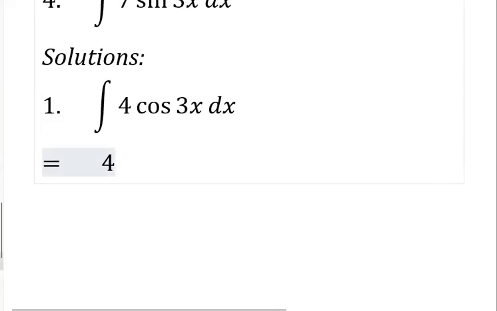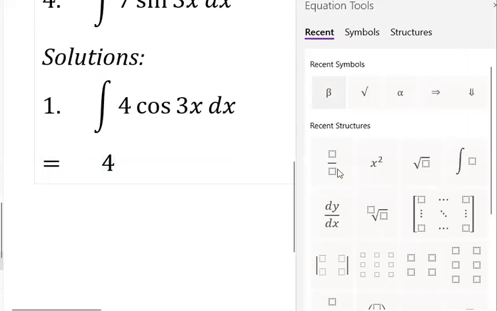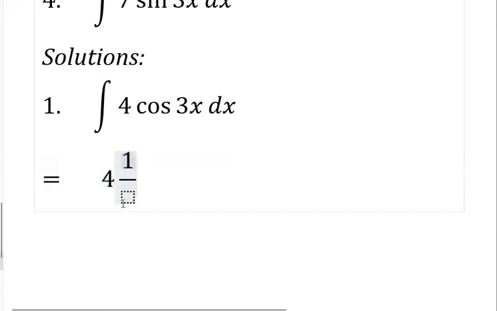So let's get the template down here for our fraction, for our 1 over 3. Very good. So with this, you can now say our 1 over 3. You can put it in brackets.